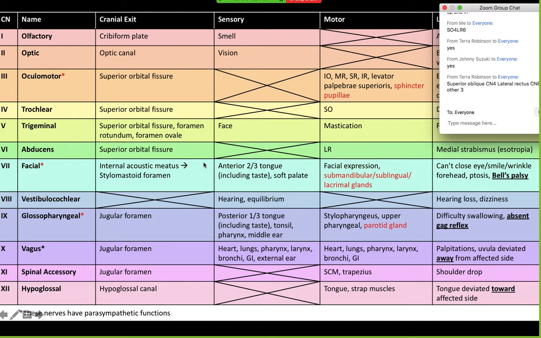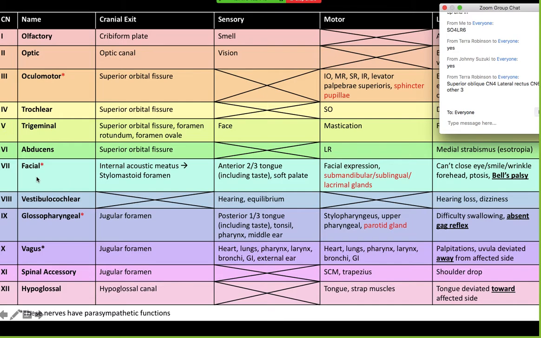And then also, I don't totally agree with her chart because she has the parasympathetic function under motor. So I tried to make that more clear by making the star red, and the star means parasympathetic. But it also provides parasympathetic innervation to the submandibular, sublingual, and lacrimal glands.